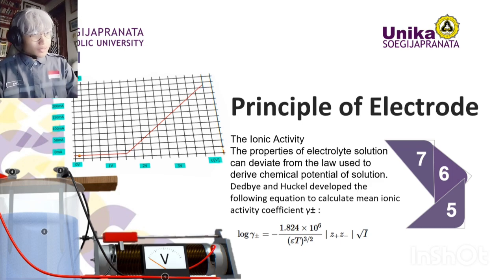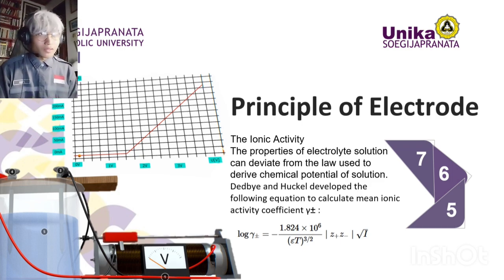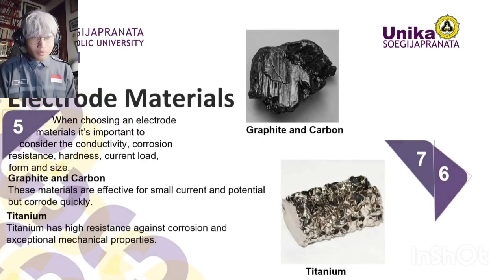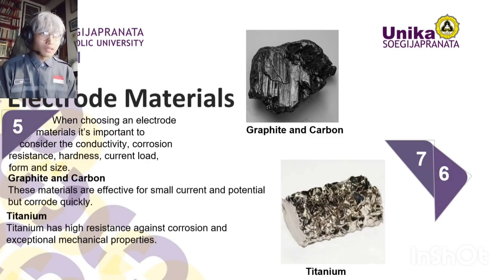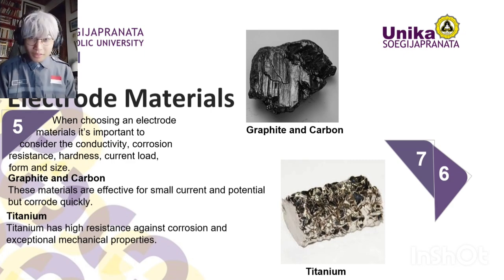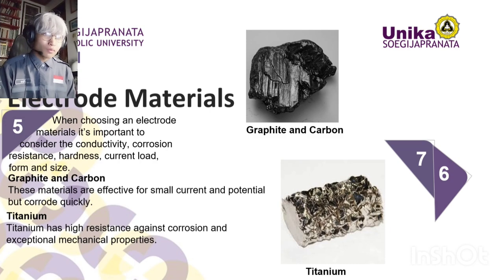On to the next one, we're going to talk about the electrode material. When choosing an electrode material, it's important to consider the conductivity, corrosion resistance, hardness, current load, and form and size. Graphite and carbon are effective for small current and potential but corrode quickly.